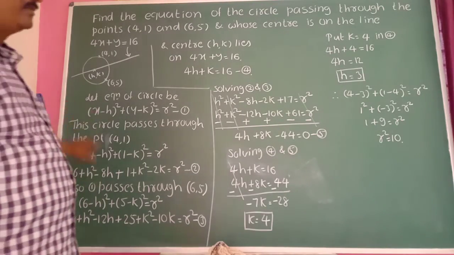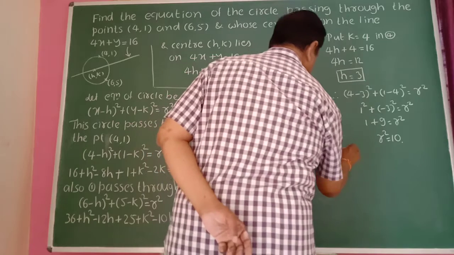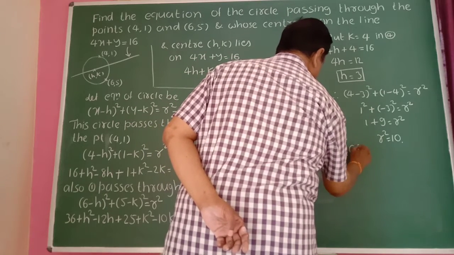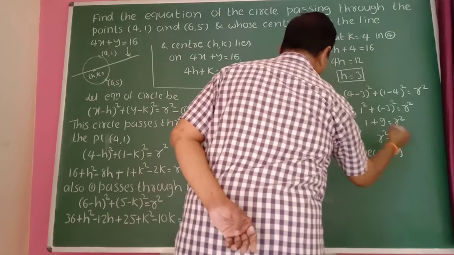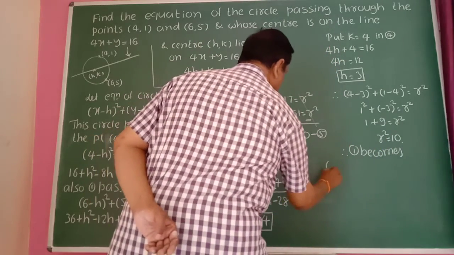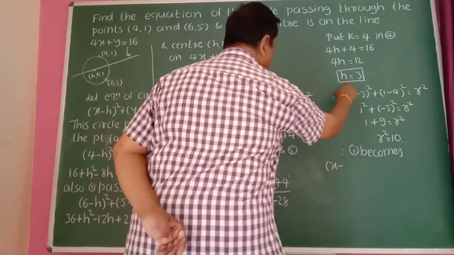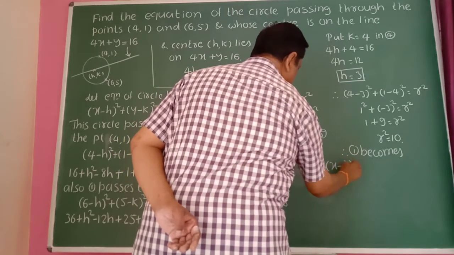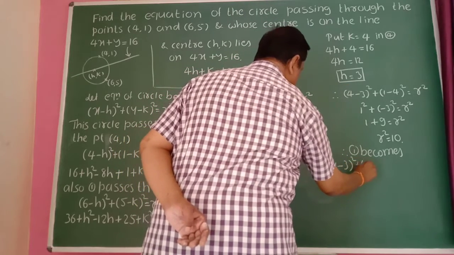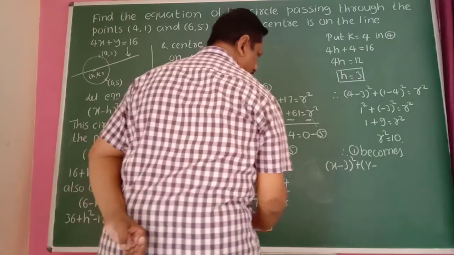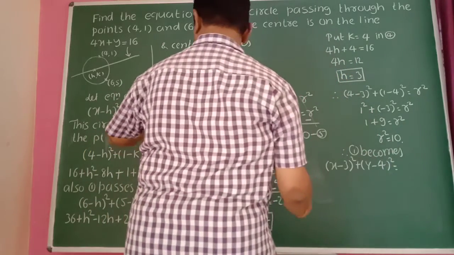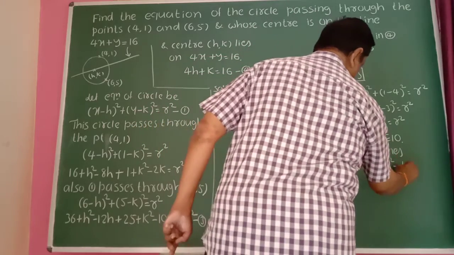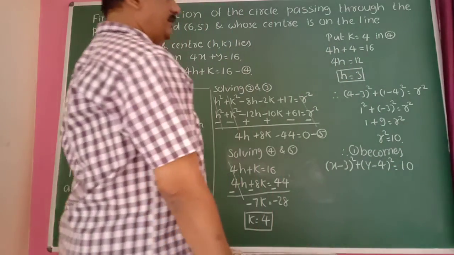Therefore equation 1 becomes x minus h, which is 3, x minus 3 whole square plus y minus k, whose value is 4, 4 square, and r square value is 10, so right here 10.